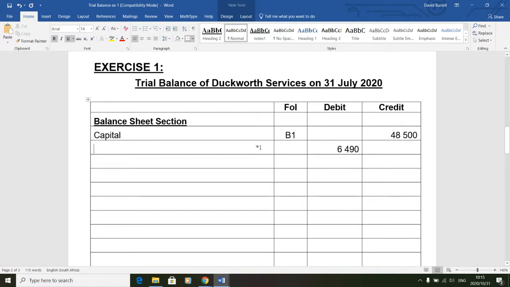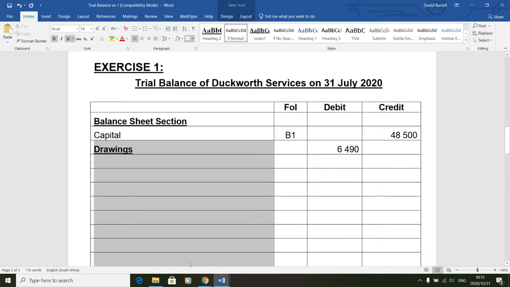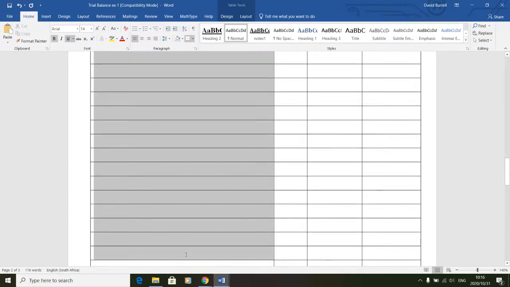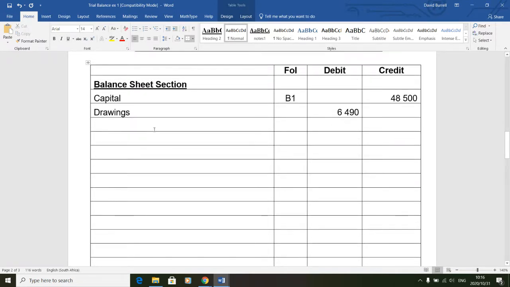That will be drawings. Bold and underlining again. Having a bit of a challenge here, but never mind. I'm sure we should be done now. And I can go and put the folio B2.